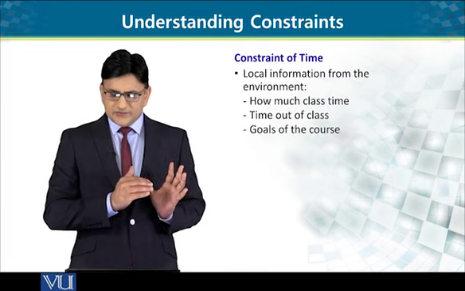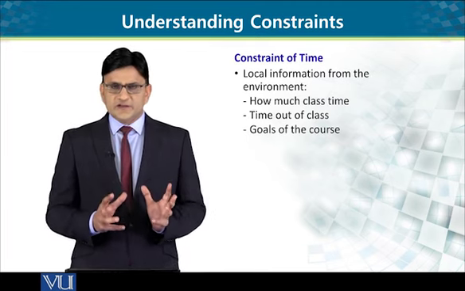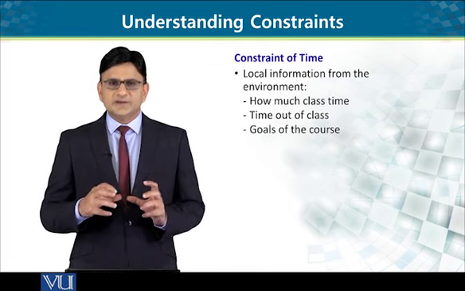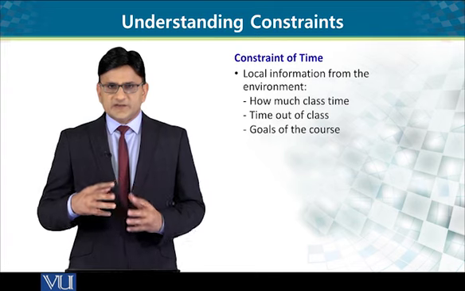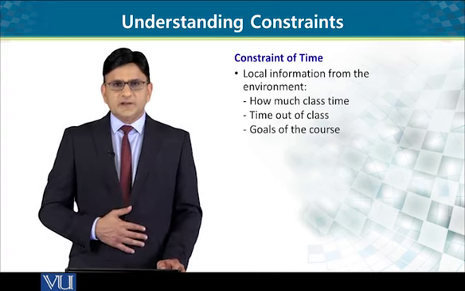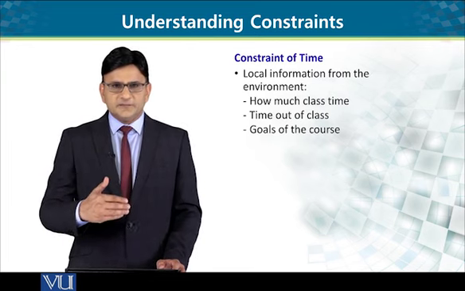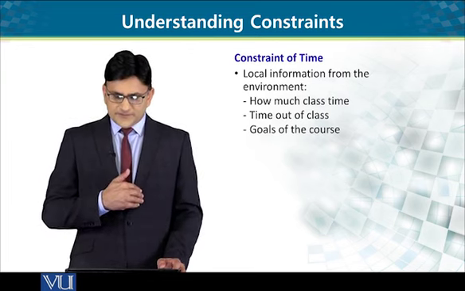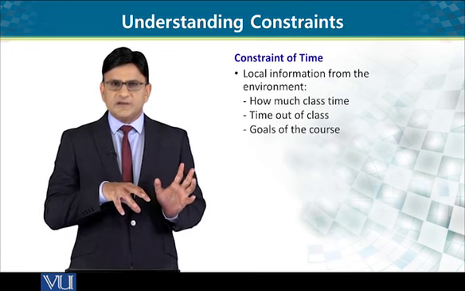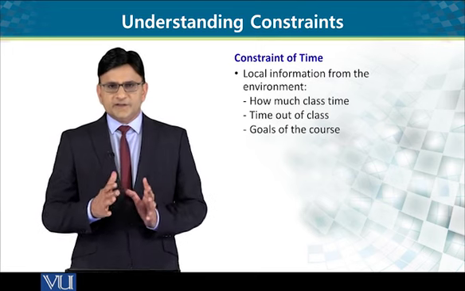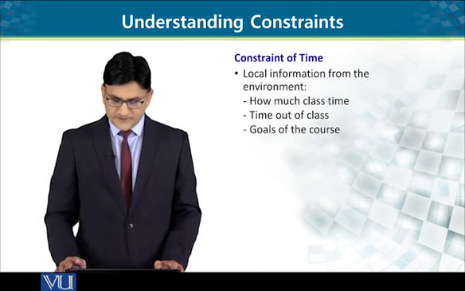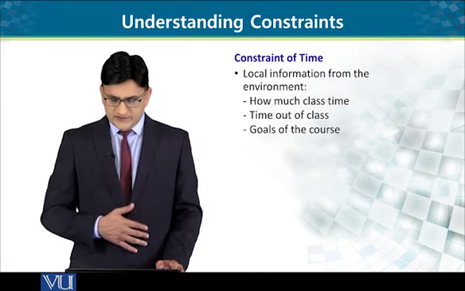So for a better understanding of the constraints, we need to find out what local information is out there and what its relevance is. And for that matter, we will then be better able to understand how much class time we can dedicate to a particular course, whether the students need, for example, 1 hour or 2 hours or 3 hours in a week.